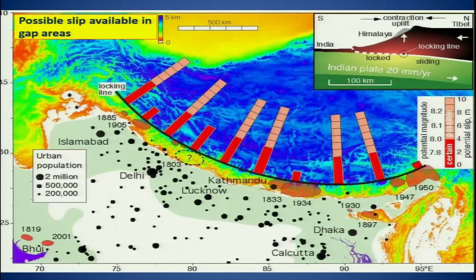Now, as I have emphasized in my previous lectures also, we have multiple fault lines in Himalaya, and which fault was responsible for triggering these earthquakes was not very clear.